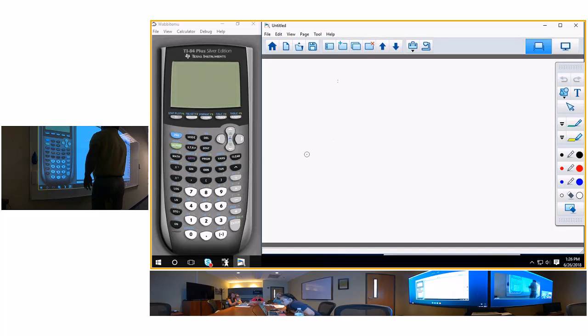Let's do a nerd. I'm going to put some fractions on this one. Well, you don't have to, I'll put decimals. This is where the calculator really is helpful.